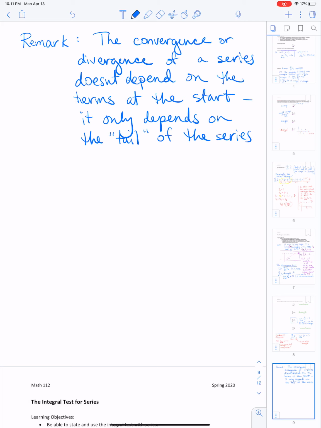Okay, and so in other words, we have pictures. So if my terms are, they can really do whatever they want to do, right?